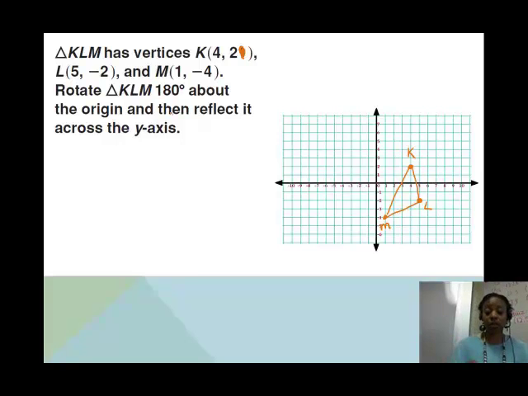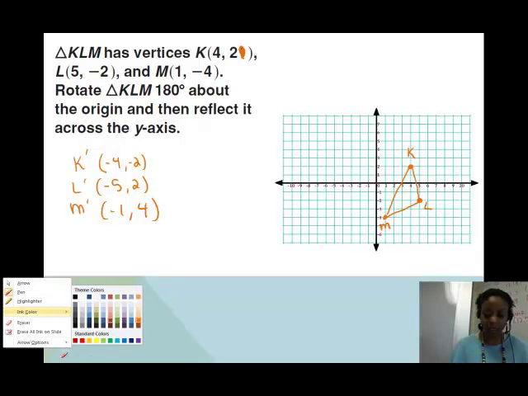Now the very first thing we have to do is rotate it 180 degrees. So K prime is going to be negative 4, negative 2. L prime is going to be negative 5, 2. And M prime is going to be negative 1, 4. I'm going to do that in a different color.